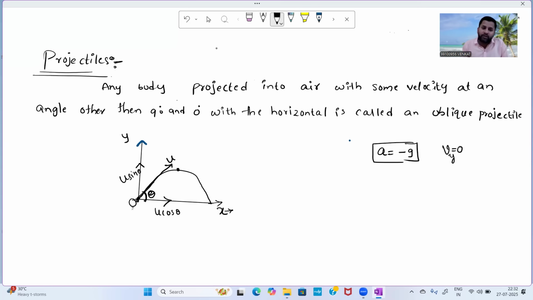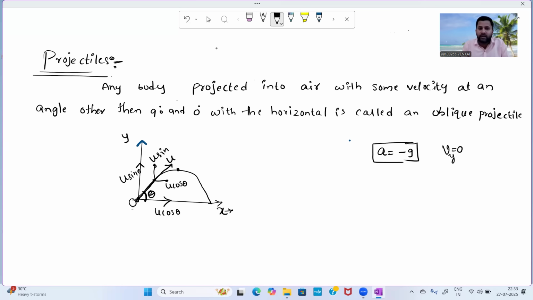But when the body moves along the projectile path, the velocity changes at every instant. The horizontal component of velocity will be constant, but the vertical component will change. How does it change?